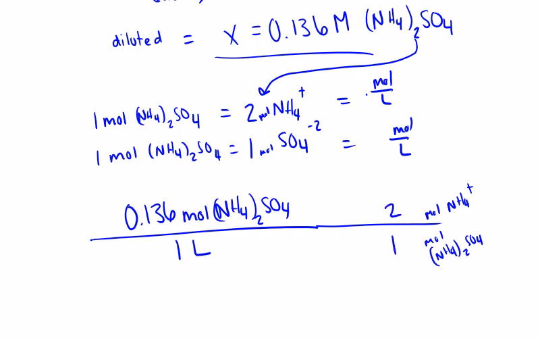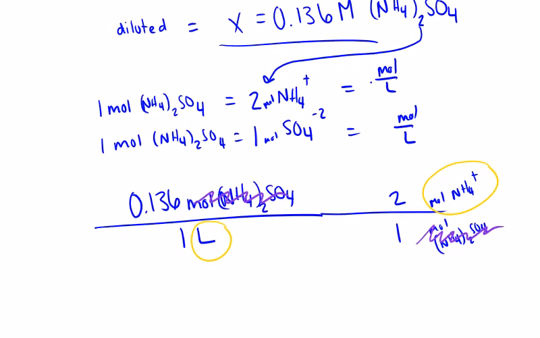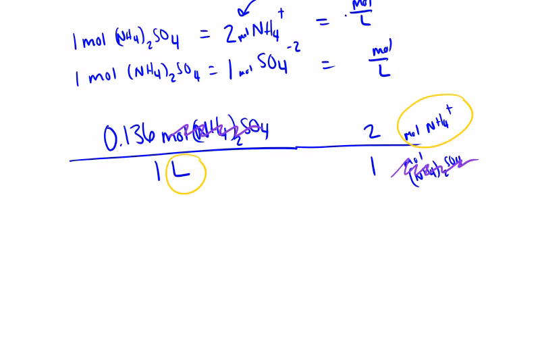I'll use a different color to emphasize it. My moles of (NH4)2SO4 cancels with the moles of (NH4)2SO4, and we are left with moles of ammonium per liter of solution. And that's exactly what we want. So 0.136 times 2 is going to give us an answer of 0.272 molar ammonium.